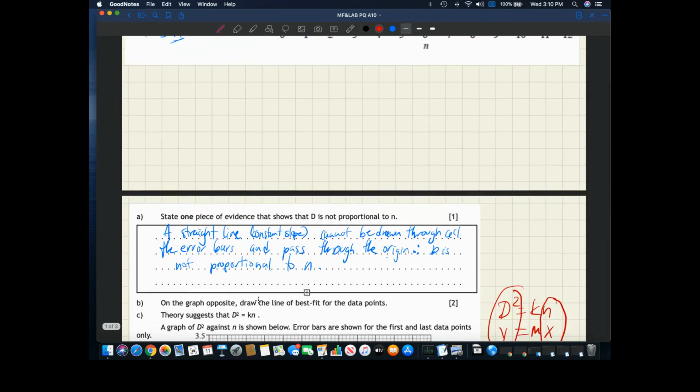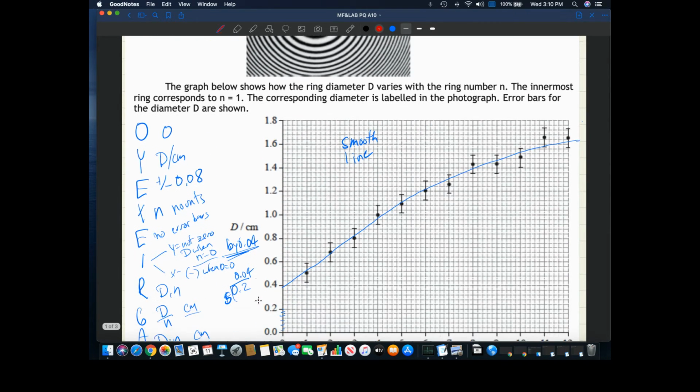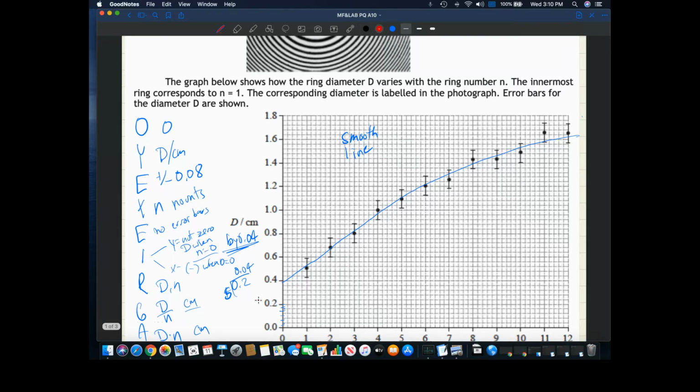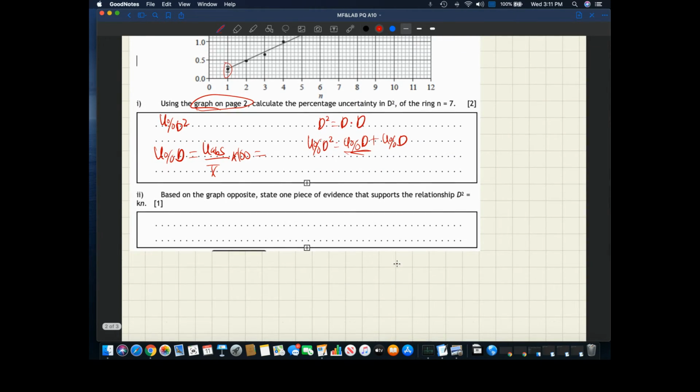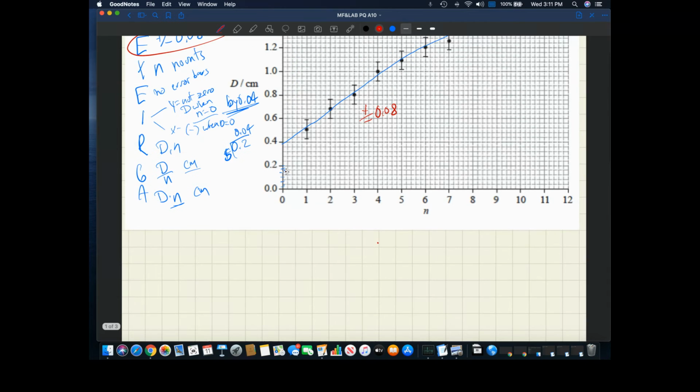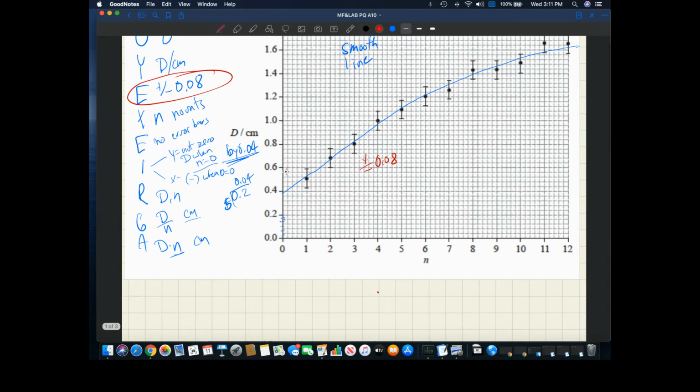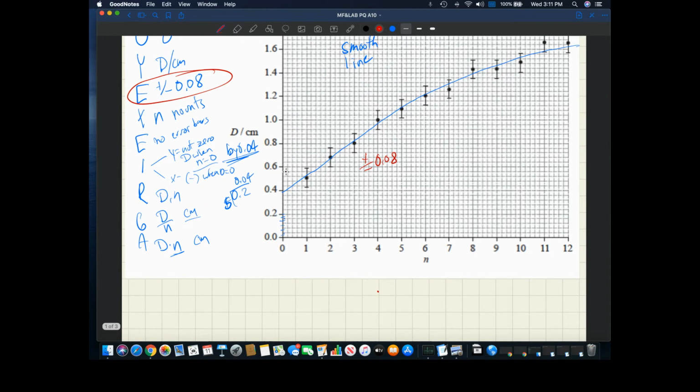So going back to the first graph, we already know the absolute uncertainty. The error bar, the uncertainty we already figured out is plus or minus 0.08, which was the same for all of them. So we have 0.08 divided by the value that goes with that.